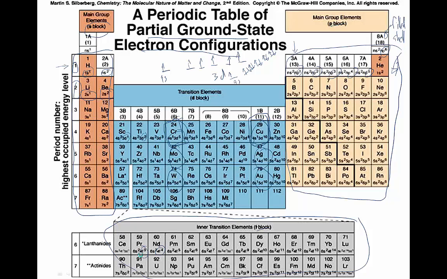Notice the d block, how far across the d block do you go? 1, 2, 3, 4, 5, 6, 7, 8, 9, 10. Well, aha, we know that we can fit a total of 10 electrons in d orbitals. What about these f orbitals? We have 1, 2, 3, 4, 5, 6, 7, 8, 9, 10, 11, 12, 13, 14. Hey, we know that we can fit a total of 14 electrons in the f orbitals.